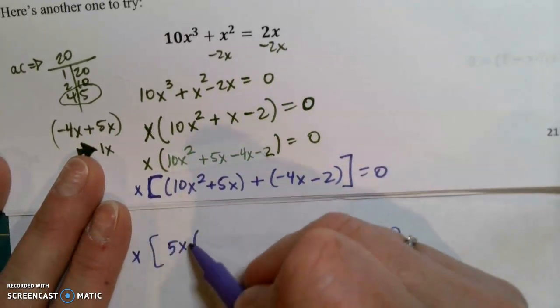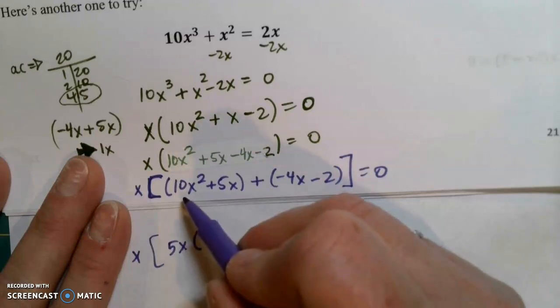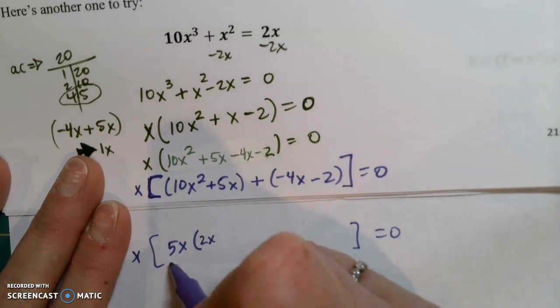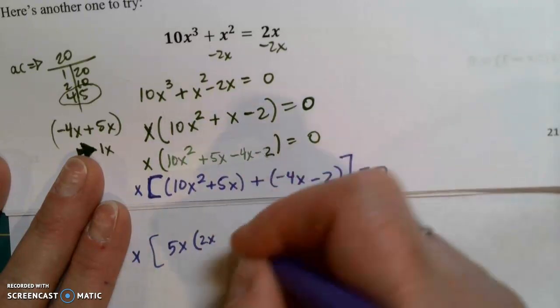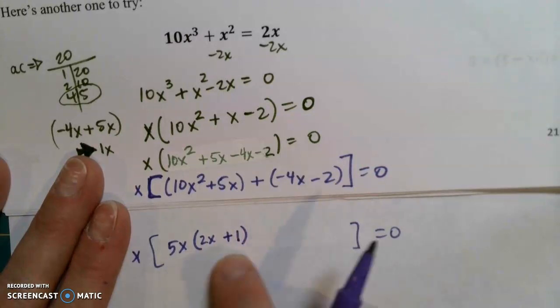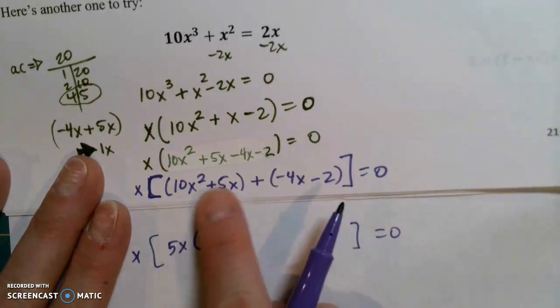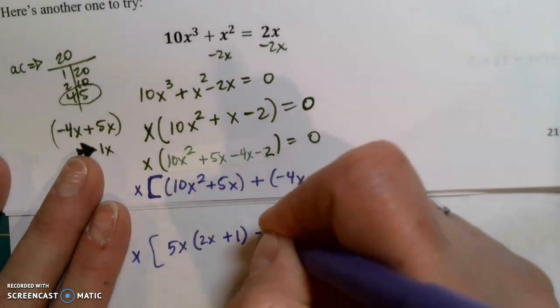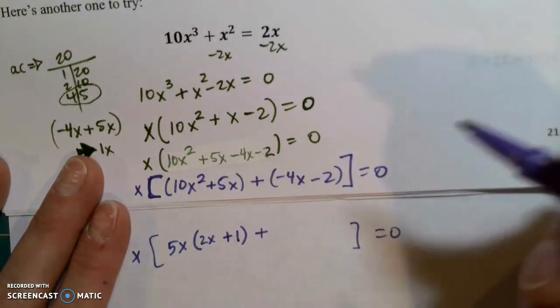What times 5x would get me back to 10x squared? That would be a 2x. And what times 5x would give me 5x? That's going to be 1. If I distribute that 5x back through, you should get back to those two individual terms. If you don't, then you need to double check what your factoring is looking like.